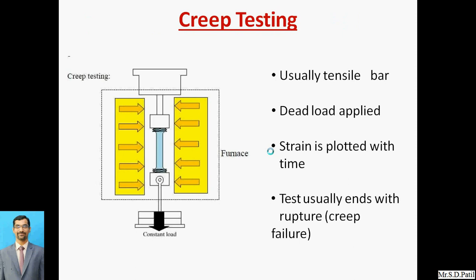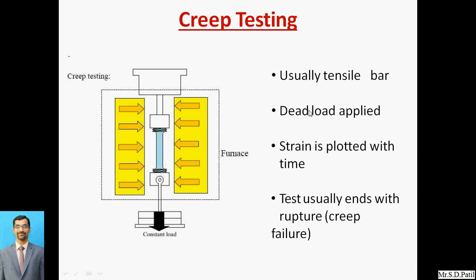Now how creep testing is carried out, in a generalized diagram. Here you can see the component which is loaded. This is the load applied, and it is kept in the furnace, which increases the temperature. The yellow color shown raises the temperature of the specimen.